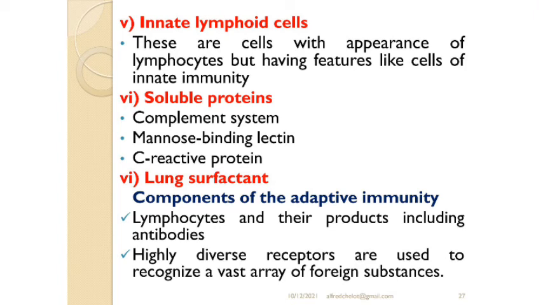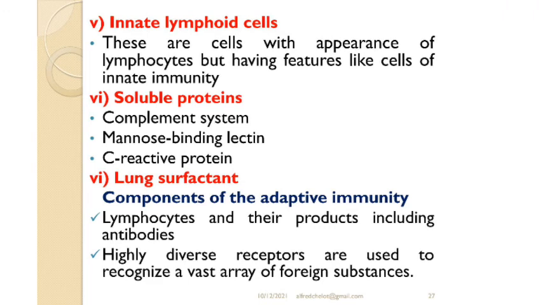Regarding components of the adaptive immunity, you need to know that this is made up of the lymphocytes and their products, including the antibodies, and they are highly diverse because they have diverse receptors that are used to recognize a vast array of foreign substances.